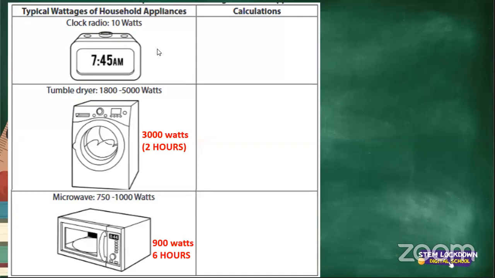Firstly, we were talking about watts, and watts are how we measure appliances and how much energy appliances use up. The examples that I gave you were an alarm clock, a tumble dryer, and a microwave. And we were to calculate how many kilowatts these appliances use up throughout the year.